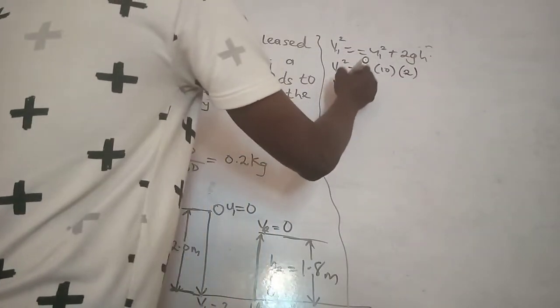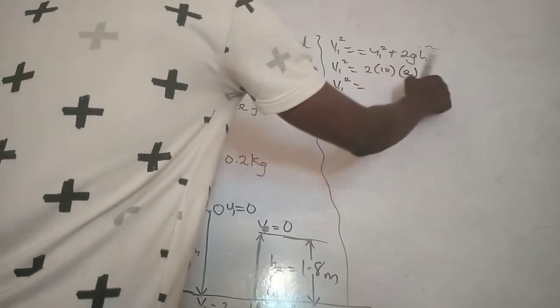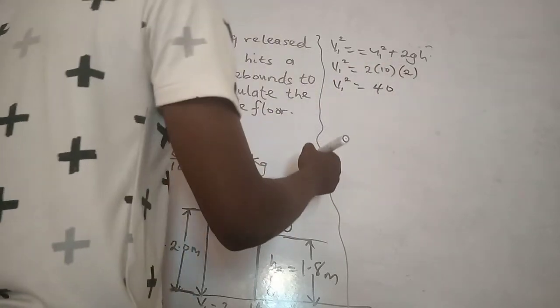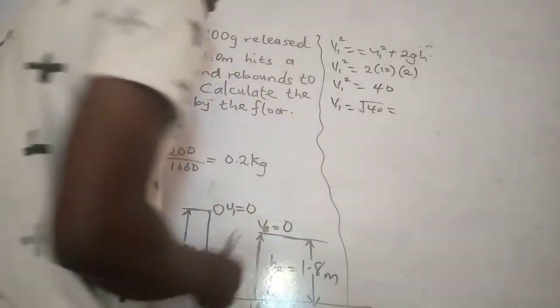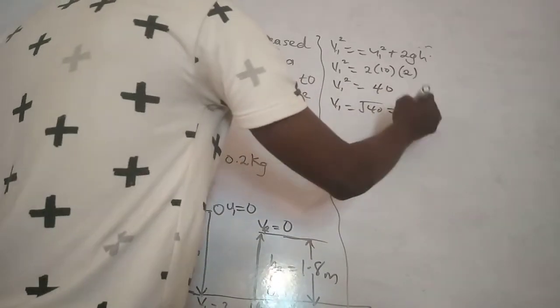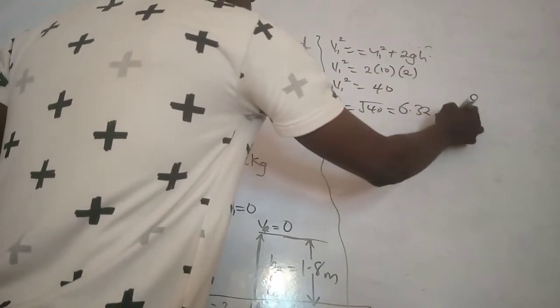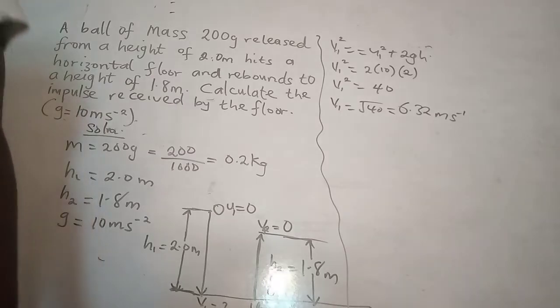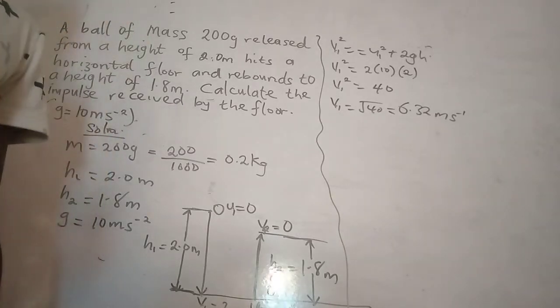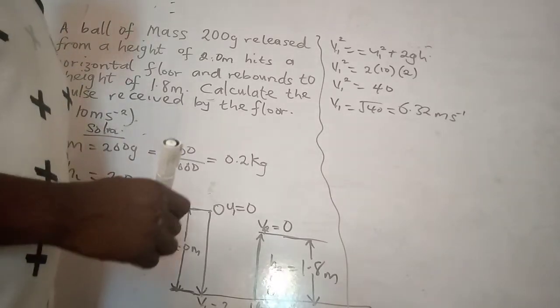So V1 squared equals 40, and V1 is equal to the square root of 40. That will give me 6.32 meters per second to three significant figures.